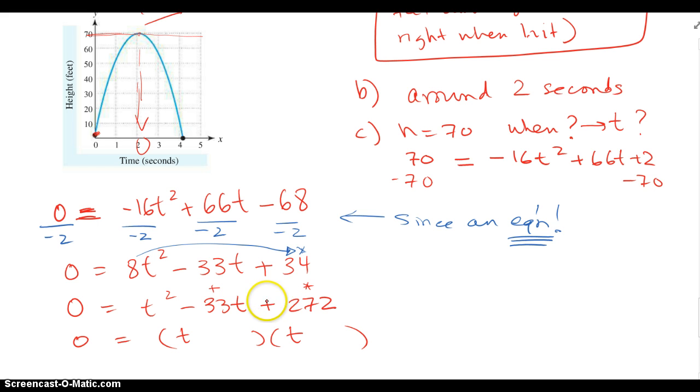Since the product is positive and the sum is negative, both of them have to be negative. The two numbers that work are 17 and 16: negative 17 times negative 16 gives a product of positive 272, and if I add those, I get negative 33 also.